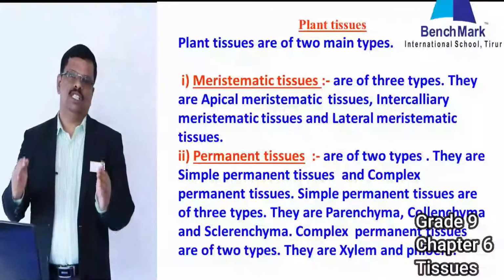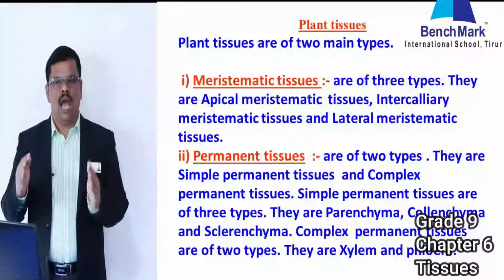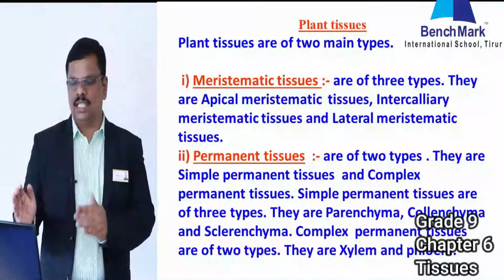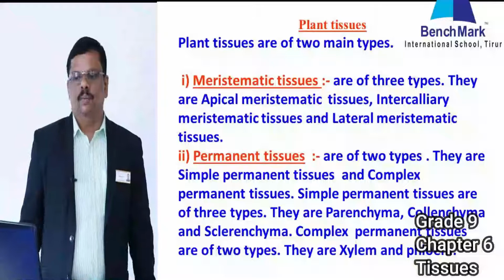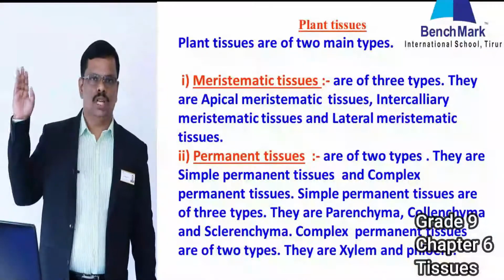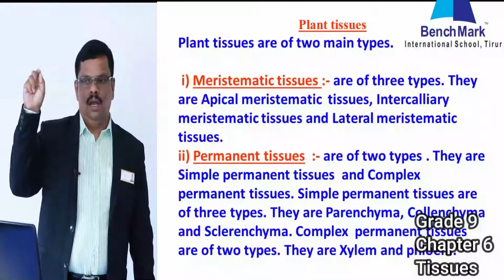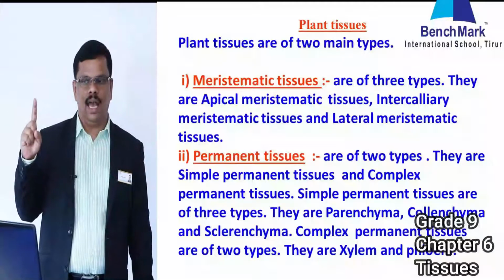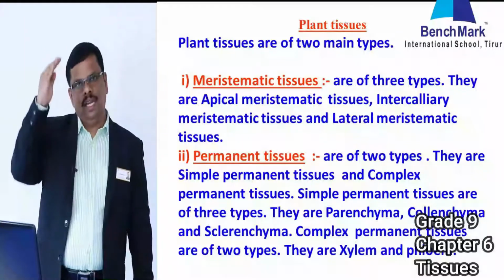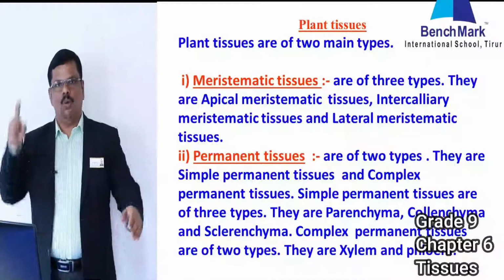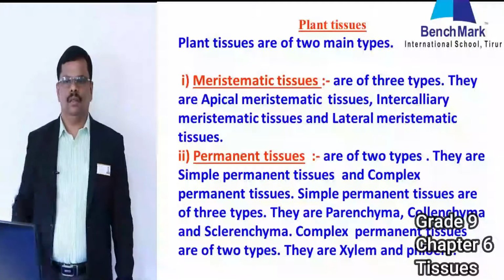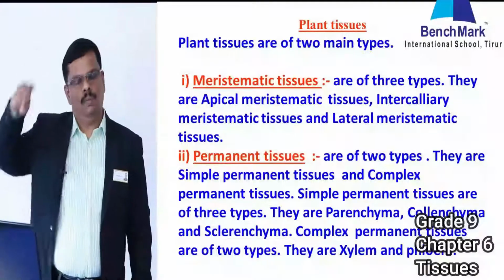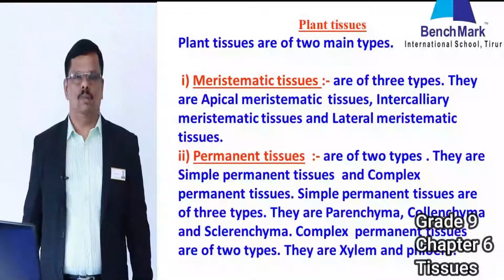Now, if you see plant tissue and their division, it is as such. Plant tissues are of two types, meristematic and permanent. The meristematic ones are number 1, apical, number 2, intercalary, number 3, lateral meristem.